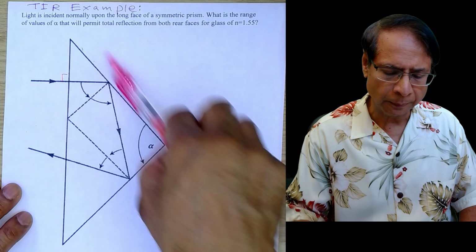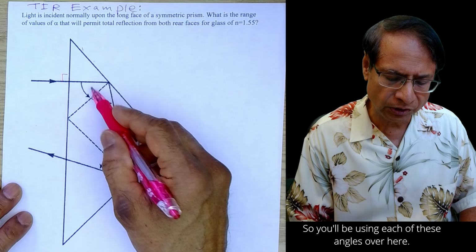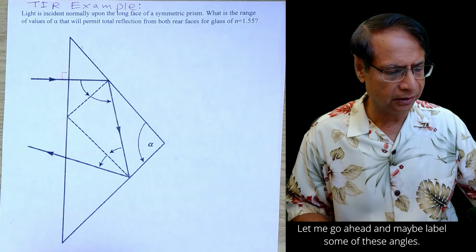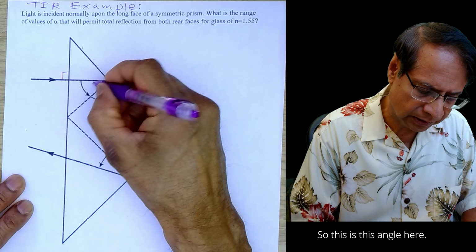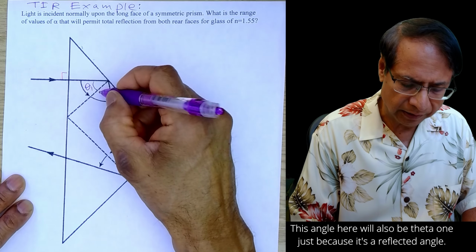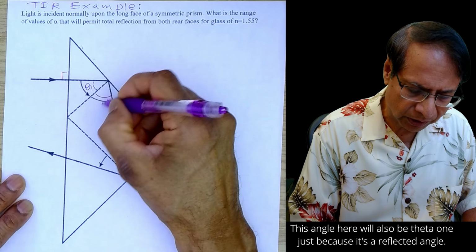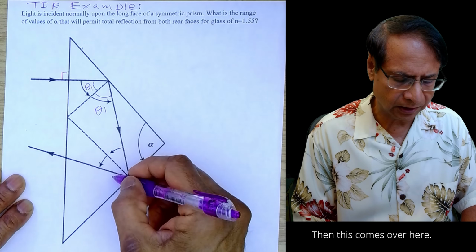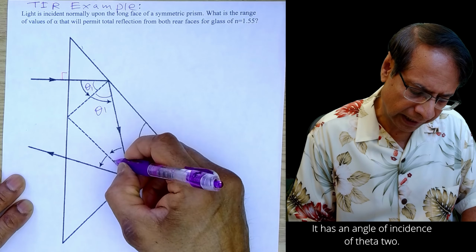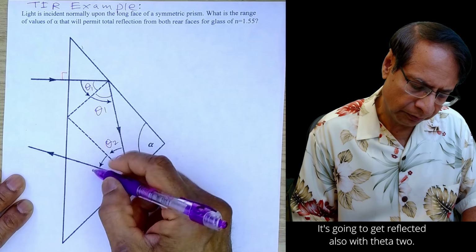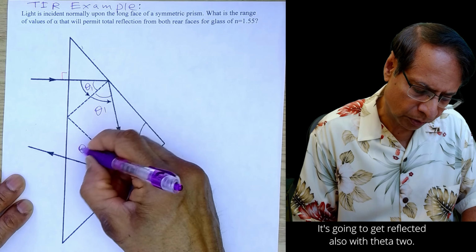So this is alpha. Let me go ahead and label some of these angles. Let's call this angle theta 1. This angle here will also be theta 1, just because it's a reflected angle. Then this comes over here with an angle of incidence of theta 2, and it's going to get reflected also with theta 2.